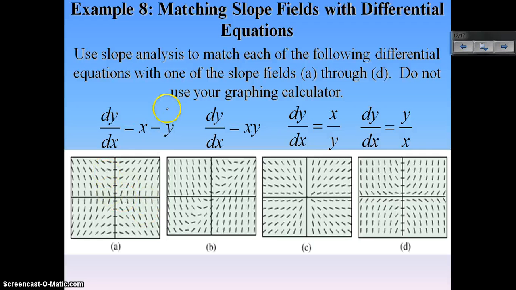You just pick random x, y points, plug them in, and then based on those x, y points, make your slope fields, and certainly pick some on the axes, pick some in each quadrant, just to see what the lines are doing, and then based on that, you'll be able to pick out which one matches what. So if you want to do that yourself right now, go ahead and pause it. I'm getting ready to give you the answers. So this first function here matches up with letter B. The second one goes with D, the third one with A, and then the fourth one goes with C.